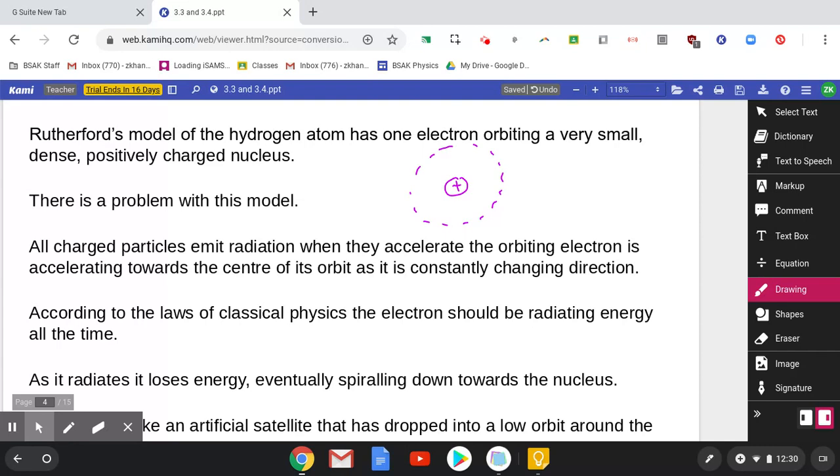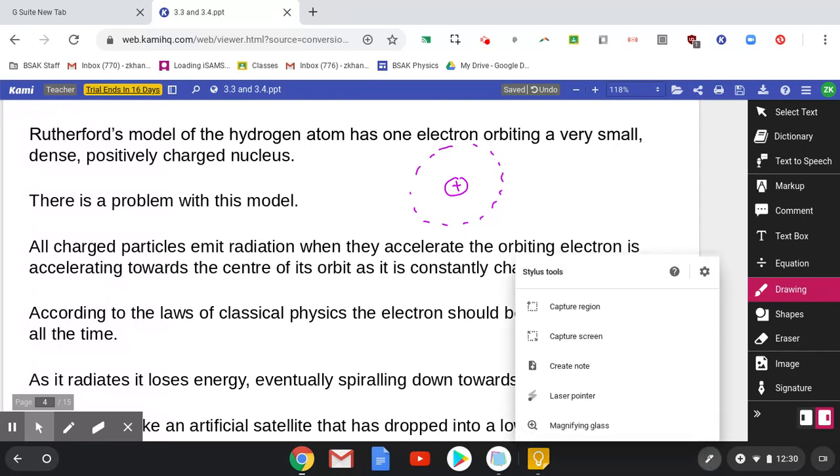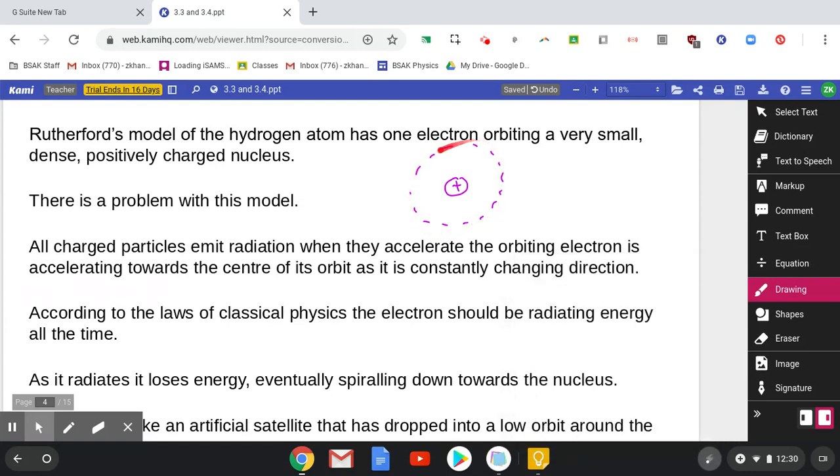Now, with hydrogen, you only have one electron whizzing around the outside. But with this model, there were problems associated with what came next.